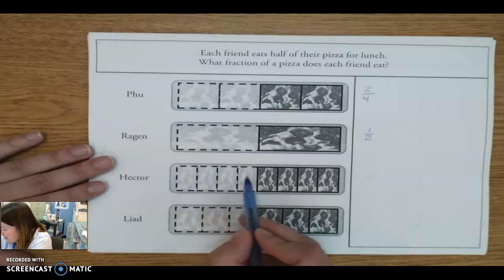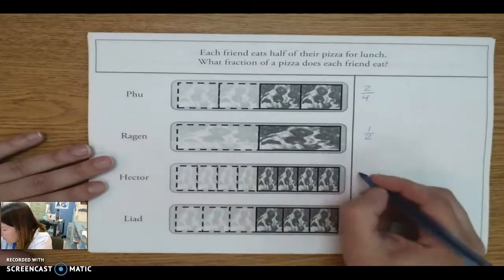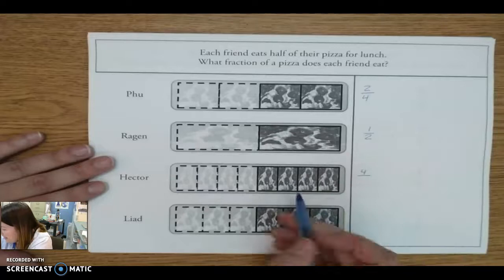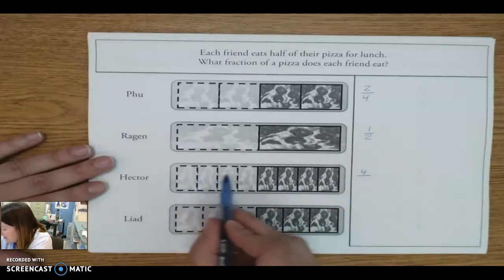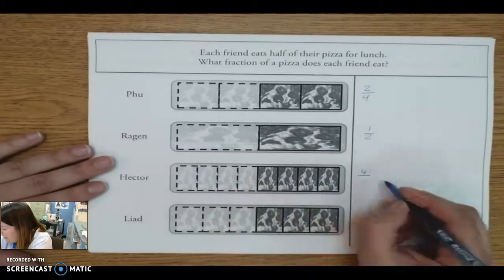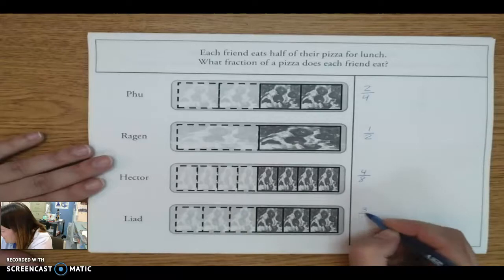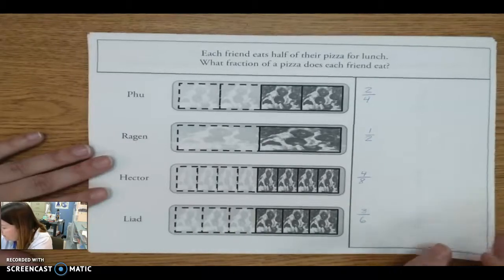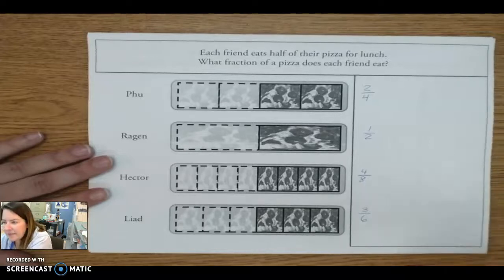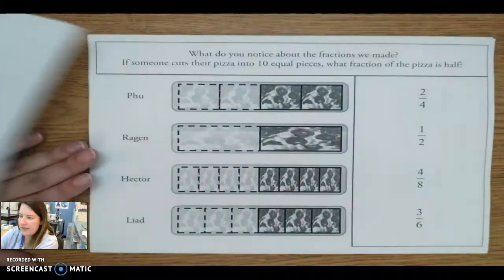Well, how many slices did Hector eat? 1, 2, 3, 4. Hector eats 4 slices out of how many total slices did he start with? 8. And then this last guy eats 3 slices out of 6 total. So they all eat a half. These are all different fractions.